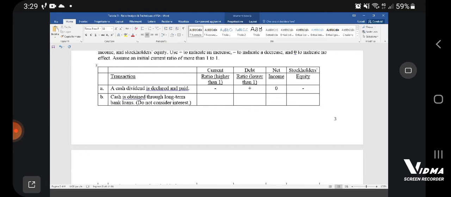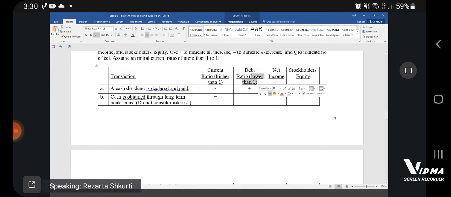The current ratio increases, because I have more cash. For the debt ratio, you have more debt compared to more assets. The current value is lower than 1.